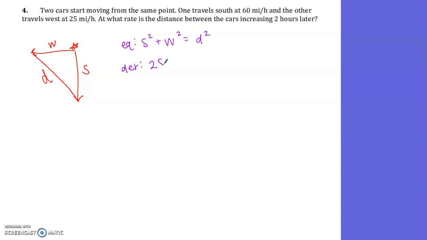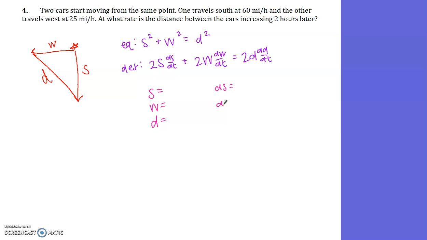My derivative will be 2S dS dt plus 2W dW dt equals 2D dD dt. So we've got S, W, D. These are our lengths.